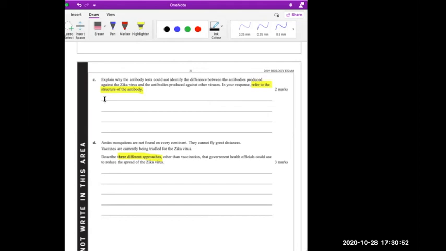So what I would say is the shape of the antigen is similar, and therefore the antigen binding site of the antibody must be similar.